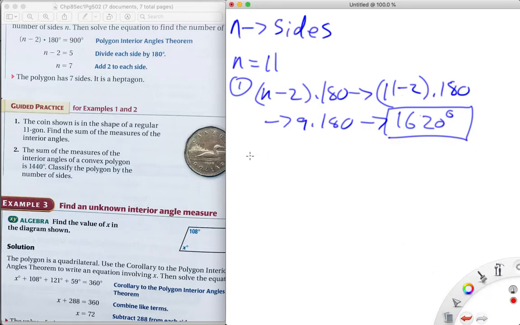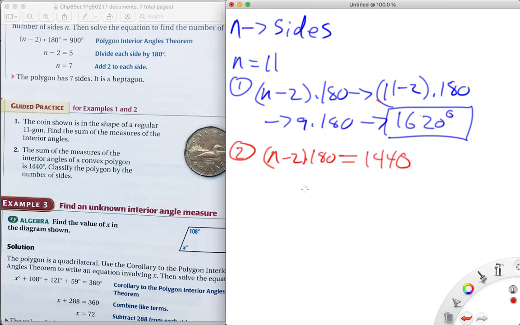Number 2 says that the sum of the measures of the interior angles of a polygon is 1440. How many sides does it have? So using n minus 2 times 180, we already know it equals the sum of 1440.